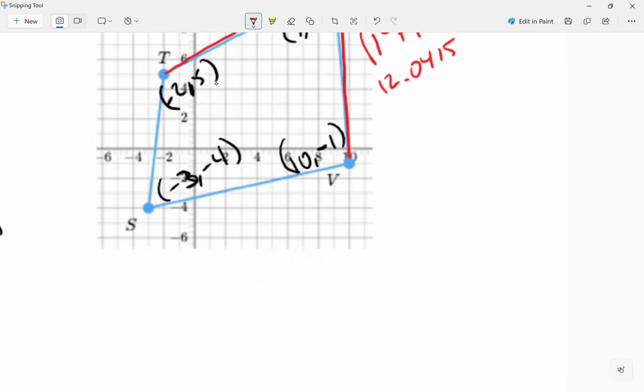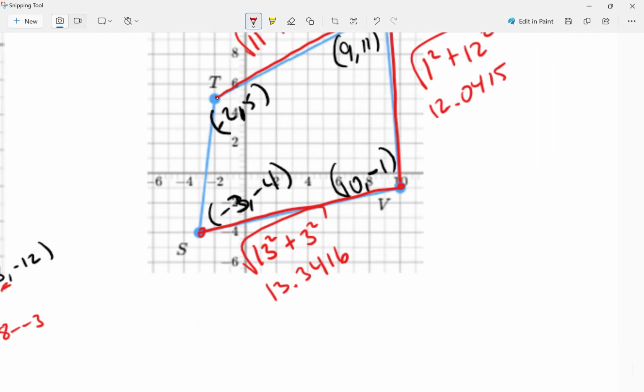Okay, let's take a look at the side SV. The x values are 10 and -3, right? So 10 minus a -3 is 13. My y values are -1 and -4. So -1 minus a -4, that's 3. Now the square root of 13 squared plus 3 squared is 13.3416.